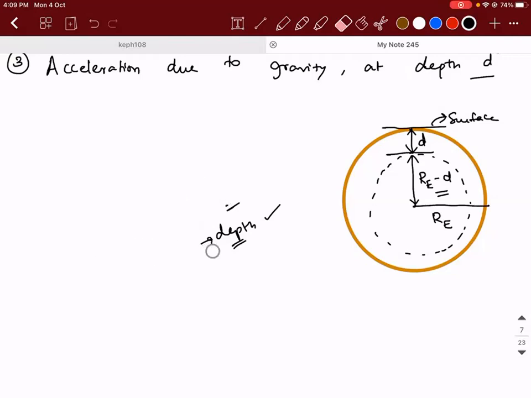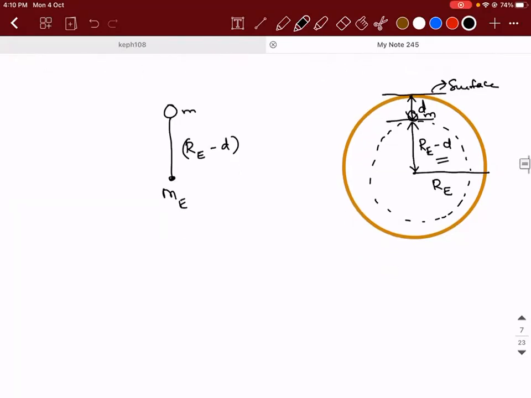Right. So in the previous two cases, what did we do? If there is a mass of value m placed at a depth d, so mass is here, and the distance between mass and the center of the earth is how much? RE minus D. Accepted?